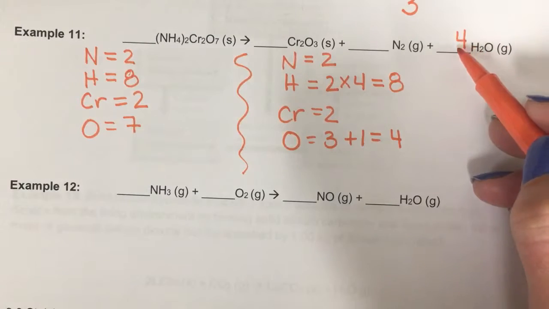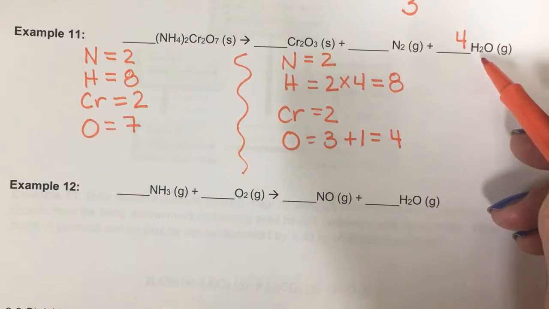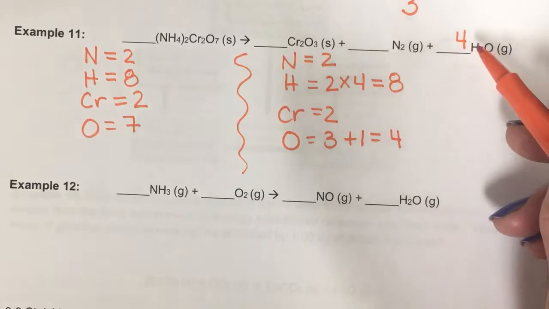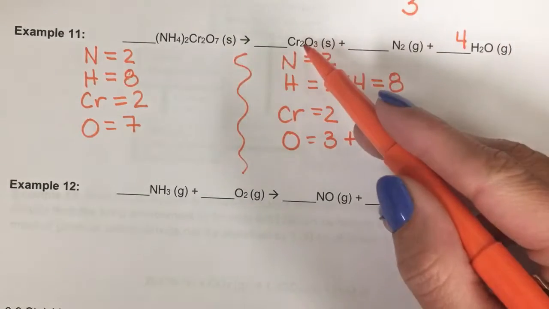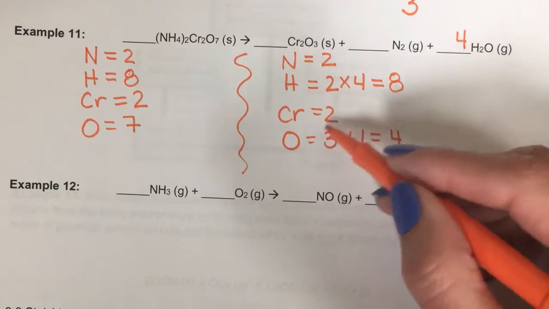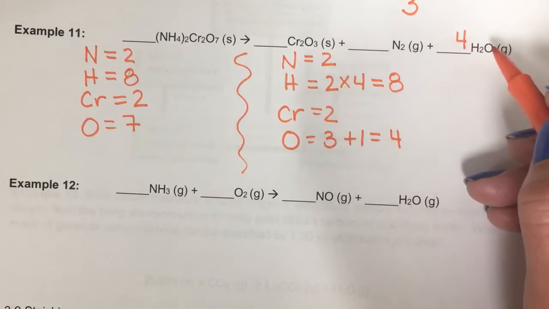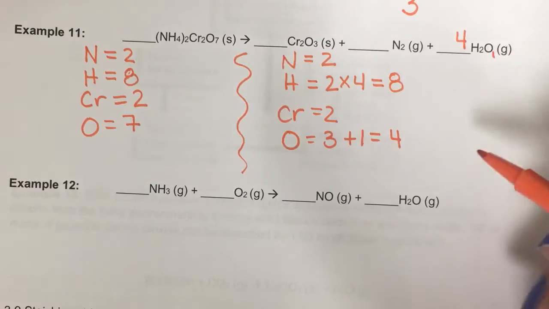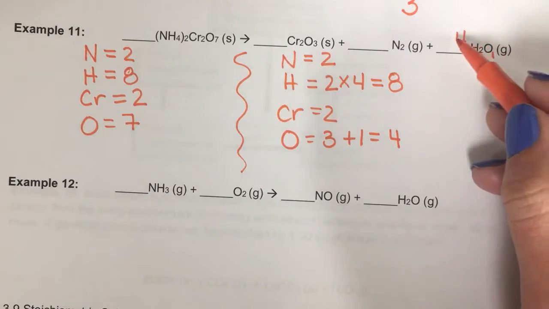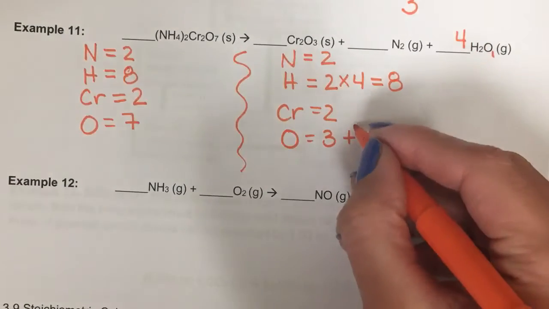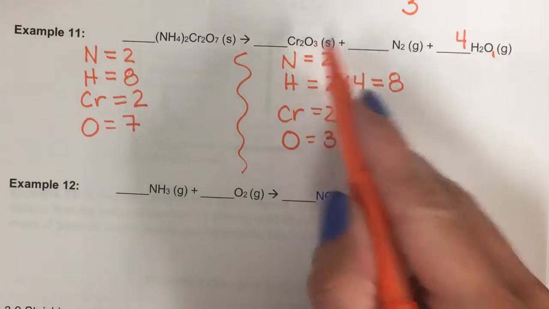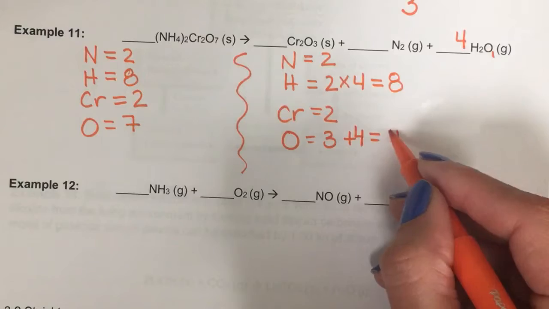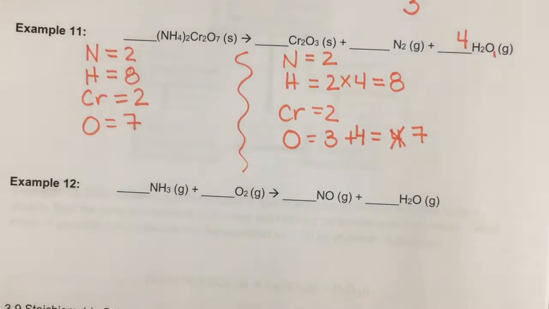By putting the 4 here, I changed my H, but I didn't just change my H. I also changed my O. Not this O over here. I still have 3 O's here, but over here I now have originally 1 multiplied by 4. 4 times 1 is 4. 3 oxygens here plus 4 oxygens here equals 7 oxygens, and now it's balanced.